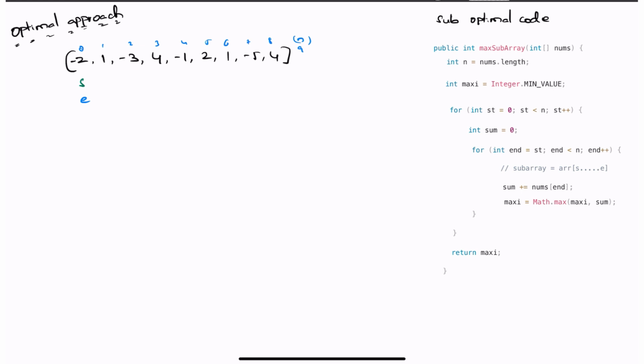Now coming to the lecture. As we discussed, the end pointer is standing here, and I am still considering the summation and the maximum which were taken in the suboptimal case.